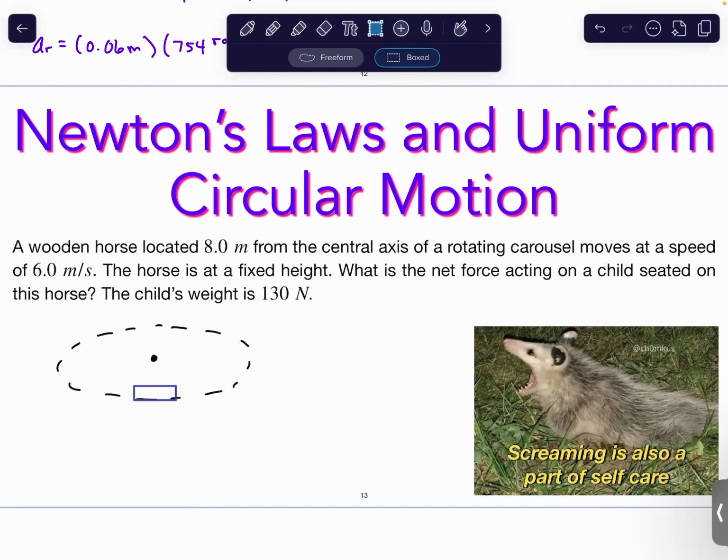So one thing that we know, imagine you're looking at this flat circle, it's going round and round. You have a radial acceleration inwards that's keeping you from being flung off the carousel. Then you have a linear velocity of 6.0 meters per second.